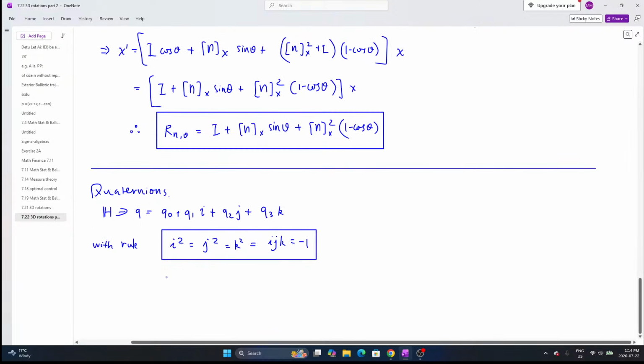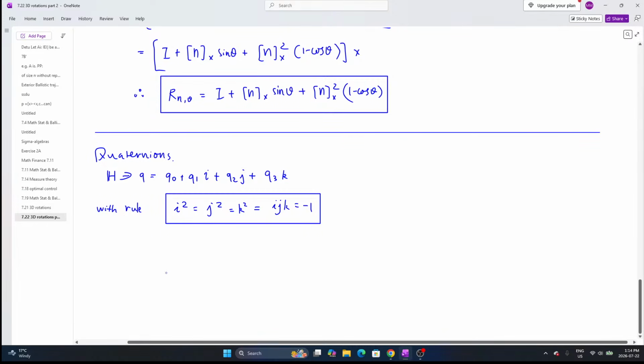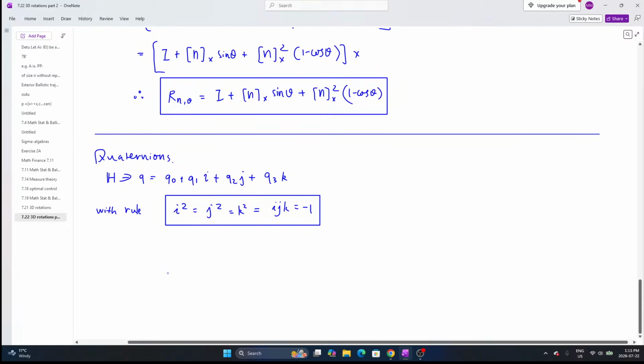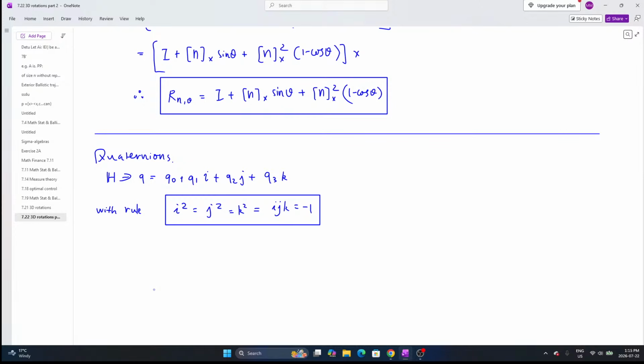We're going to use that to derive the formula for quaternion multiplication, because quaternion multiplication is what encodes the 3D rotation. So to do 3D rotation, you need 4 numbers. Very counterintuitive.